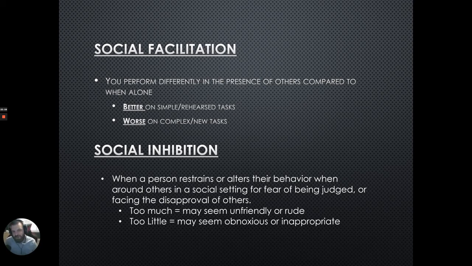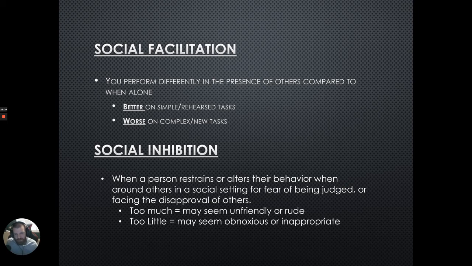It's also worth noting that we experience what's called social inhibition. Social inhibition is that in the presence of other people around us, we may actually restrain or alter our behavior for fear of being judged, or because we're afraid of the possible disapproval of others. If we have too much social inhibition, we may actually come across as unfriendly or rude.